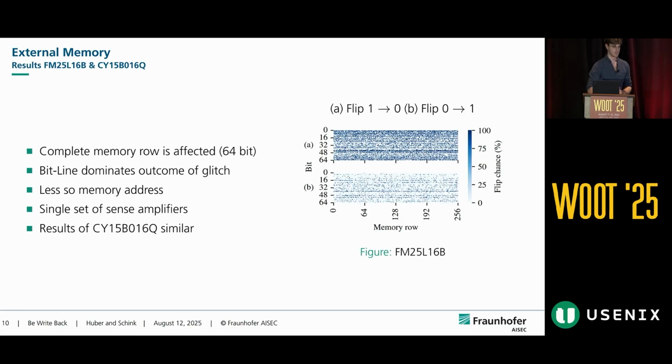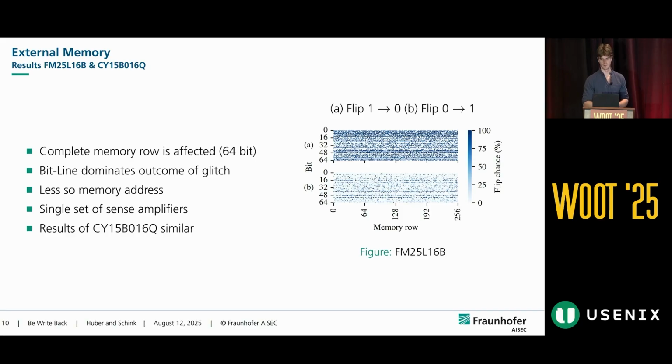All right. Now, if you perform that for every memory row of such a memory, then you can plot a heat map, as you can see here. In the upper part, the initial state of the memory is all 1, and in the lower part, the initial state is all 0. Each column now represents a physical memory row, which for this memory, the FM25, is 64 bits wide.